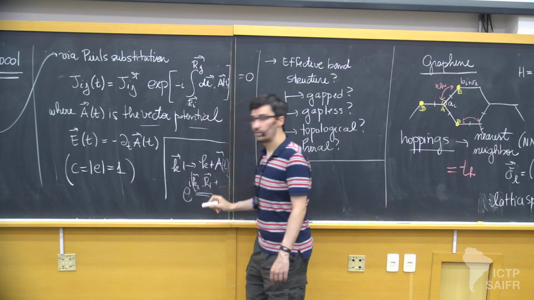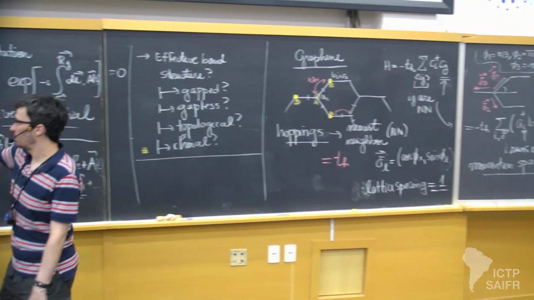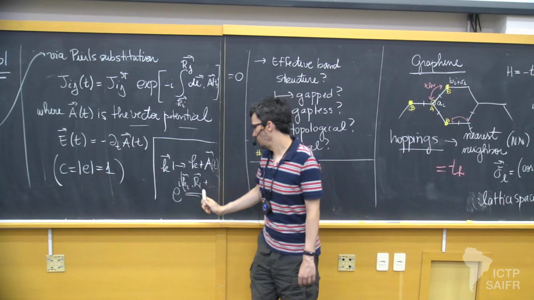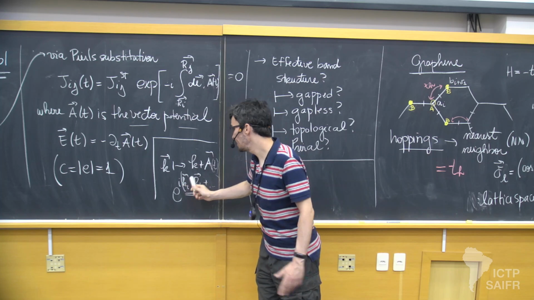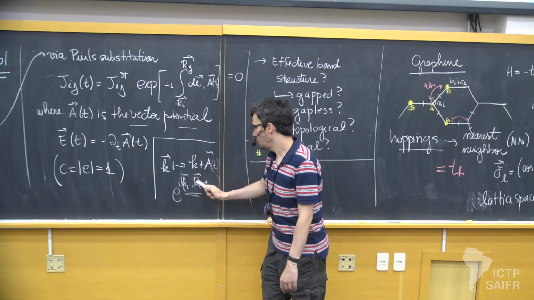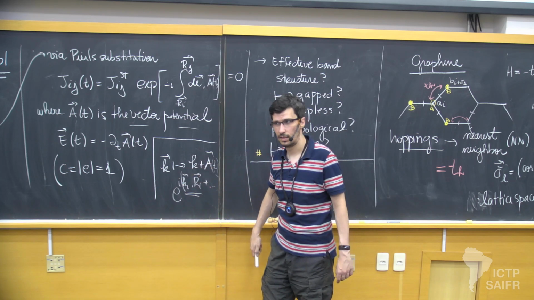I want to neglect this term. What happens if light propagates perpendicular to the sample? This is constant, basically. If k only has z component, let's say perpendicular along z, it's only k_z, and then all the r's are along the xy plane, so this is a constant.